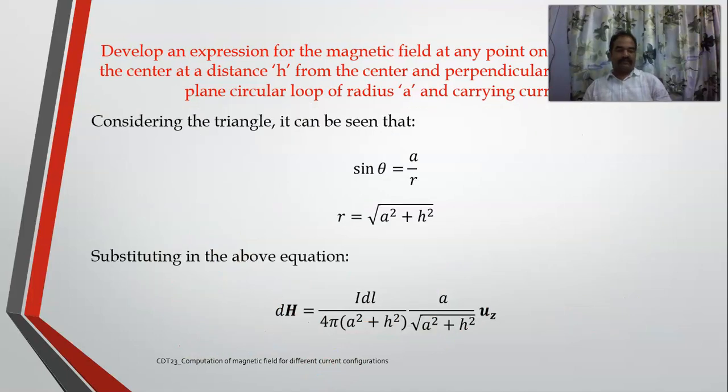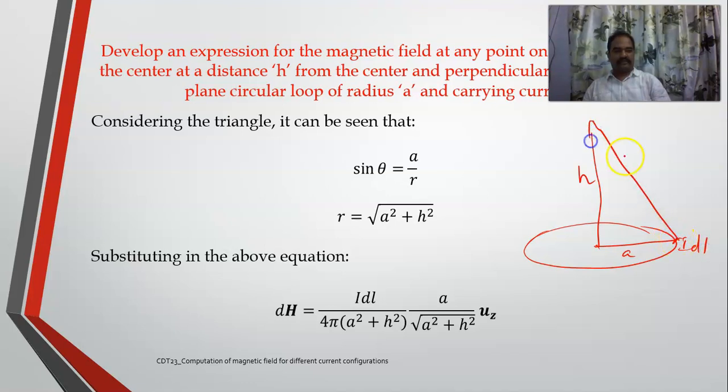So in this one, we are trying to make some sense of the relation between h, a, and my current element Idl, and this is the distance r. This is my theta. I am considering only vertical components only. I won't consider horizontal components.